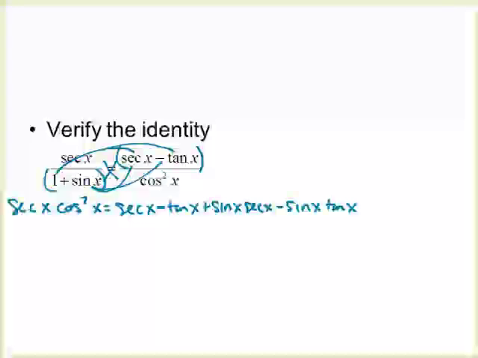So secant becomes a 1 over cosine. Cosine stays cosine. If it's squared, it stays squared. Secant becomes 1 over cosine. Tangent becomes sine over cosine.